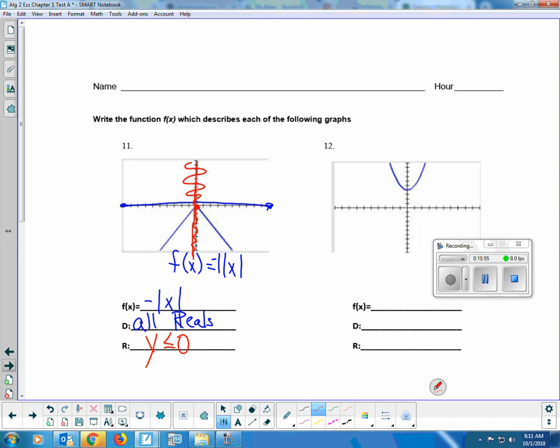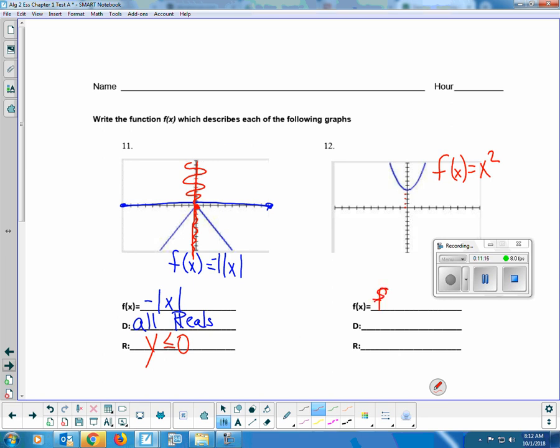Number 12, here's the parent function. It's a quadratic because it's a parabola. It looks like it's been shifted up 4 units. Looks to be about the same width. We don't really have it to compare, so I'm going to assume it is. Remember to move it up or down, it's changing the k.